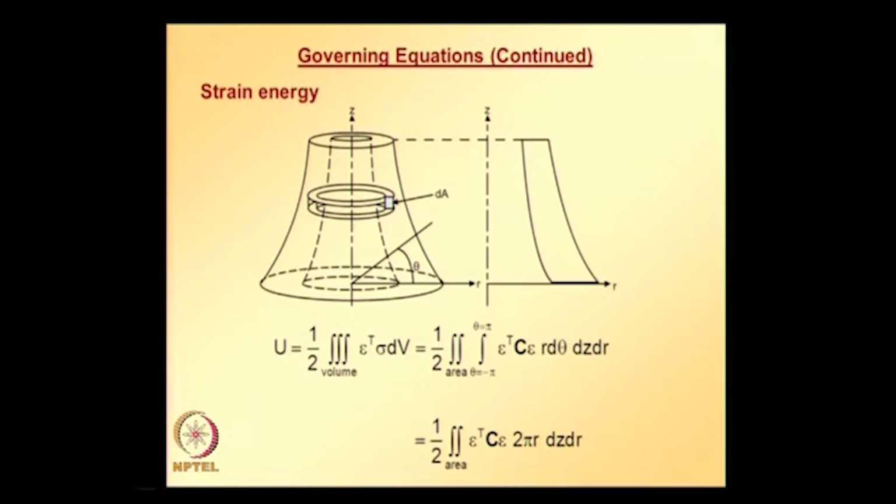So, finally, strain energy is given by half the area integral of epsilon transpose C times epsilon times 2 pi r.